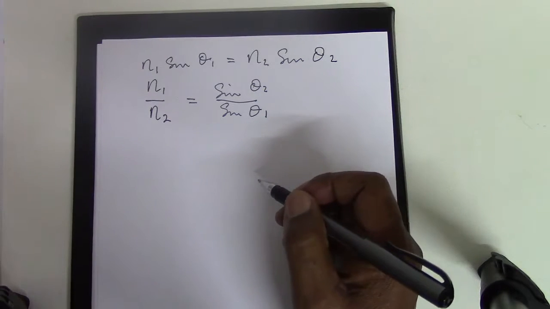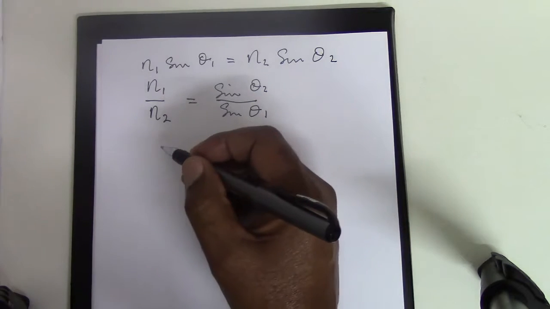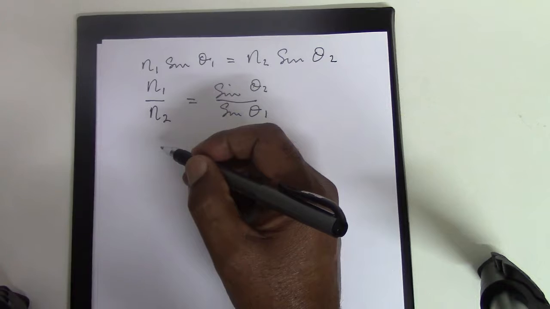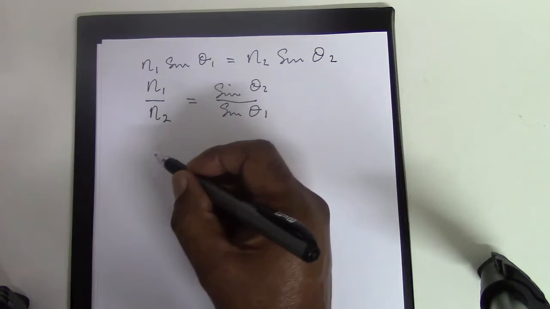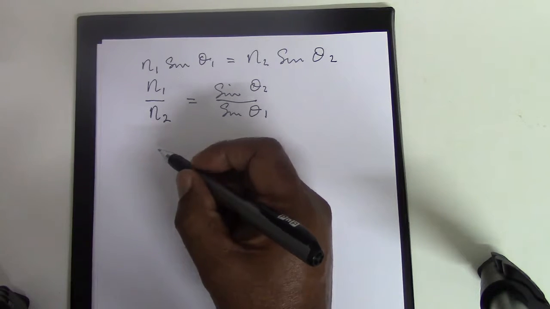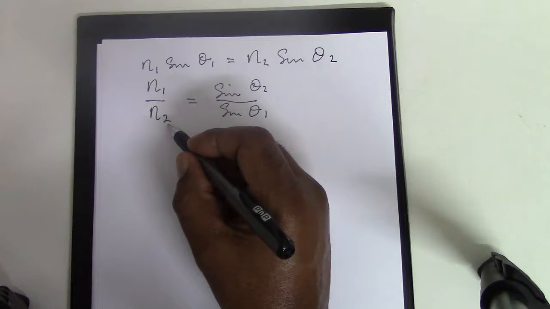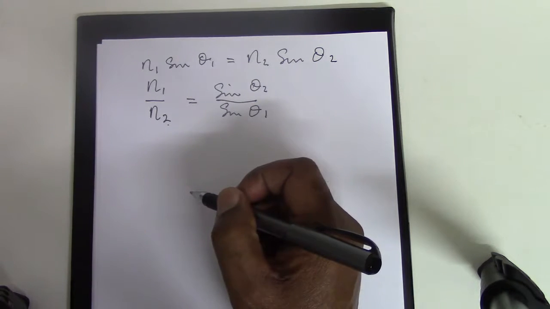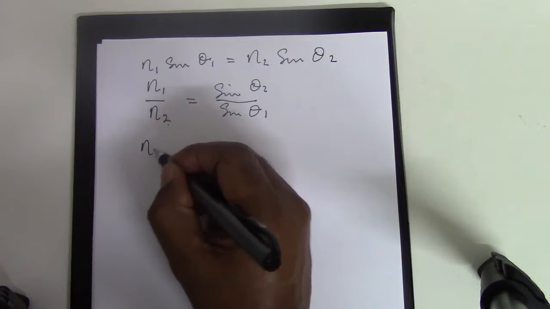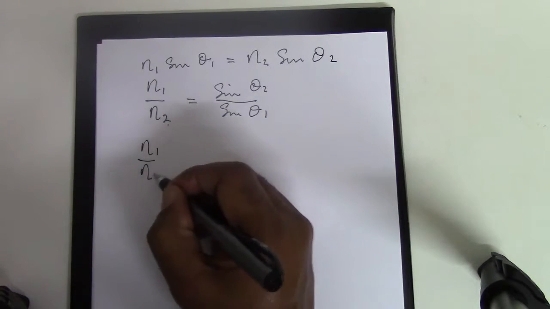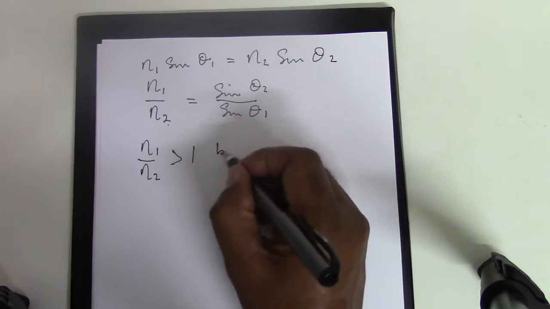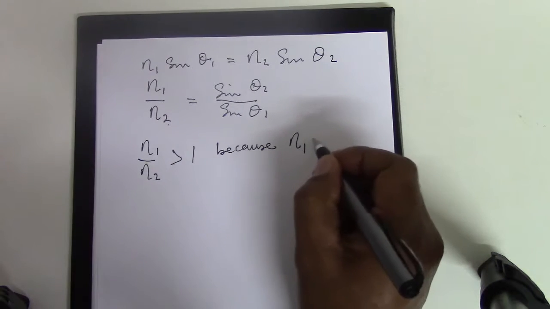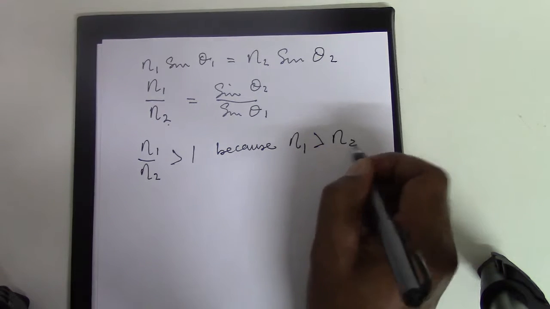So in this case, when the ray is passing from a higher index of refraction to a lower index of refraction, mu1 over mu2 is greater than 1, because mu1 is greater than mu2.